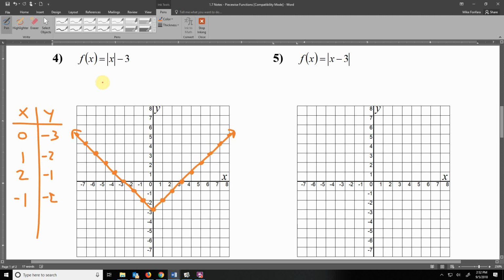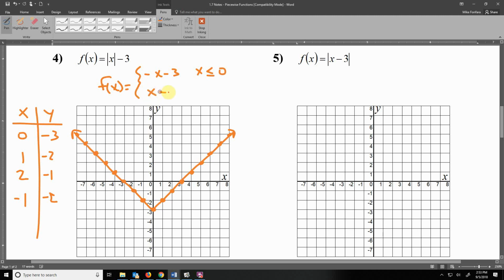It could also be written like this. So I would have a line over here of x minus 3, and over here, negative x minus 3. So on the left, negative x minus 3, but only in the domain of x's that are less than or equal to 0, for x is less than or equal to 0.